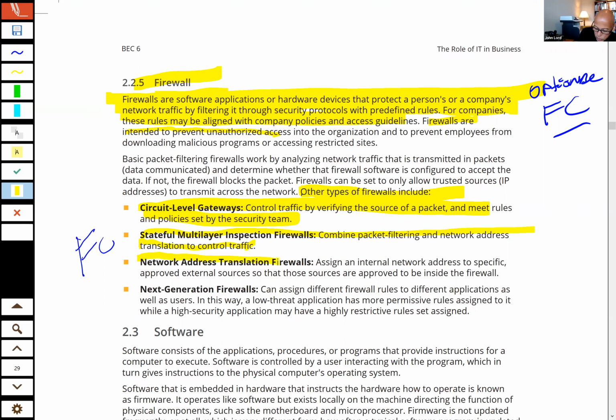Network address translation firewalls assign an internal network address to specific approved external sources. And next generation firewalls can assign different firewall rules to different applications as well as users. In this way, a low threat application has more permissive rules than a high security application that might have highly restrictive rules.